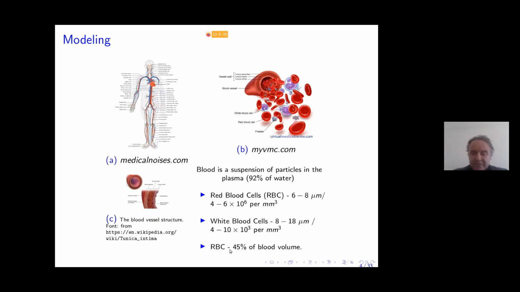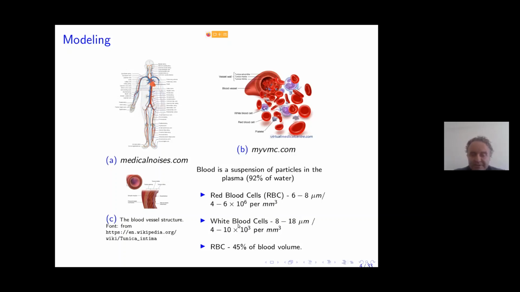They are responsible for 45% of blood volume, and they are quite small compared to diameters of millimeters or even 1 centimeter. So we can, let's say, neglect the displacement of these blood cells on their own, and think of blood as a fluid.